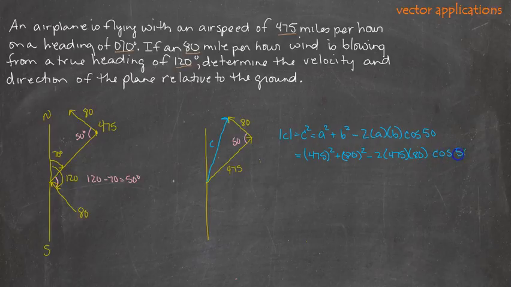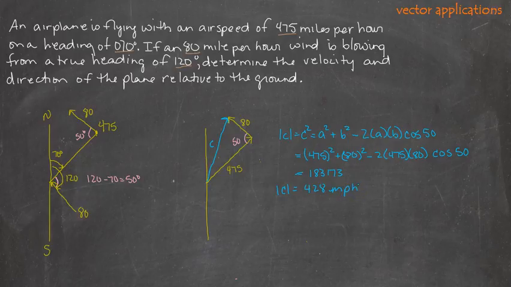If I put all that in my calculator, I get the value c squared equals 183,173. If I take the square root of both sides, I get that the magnitude of the blue vector, or c, is 428 miles per hour.